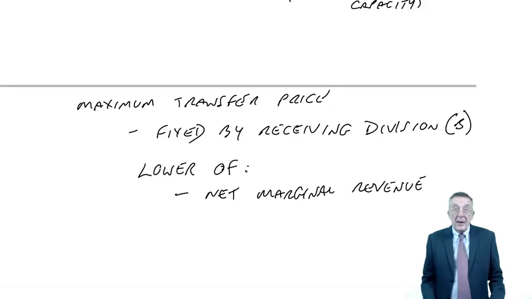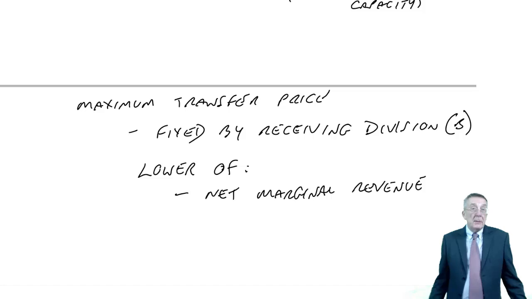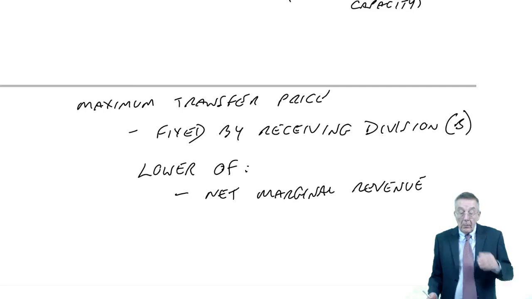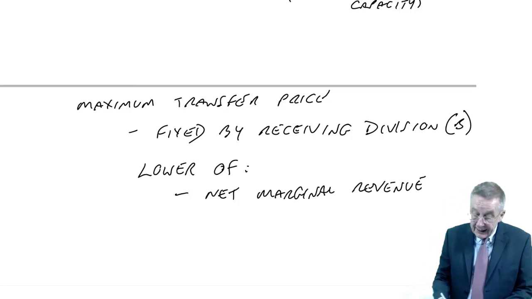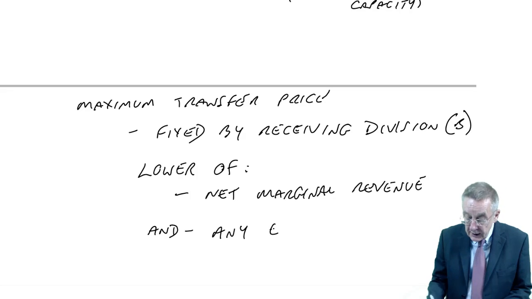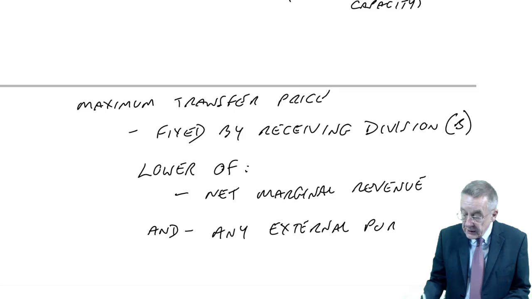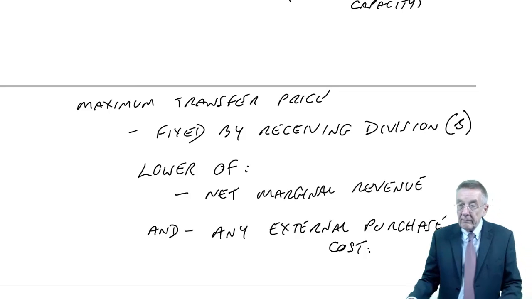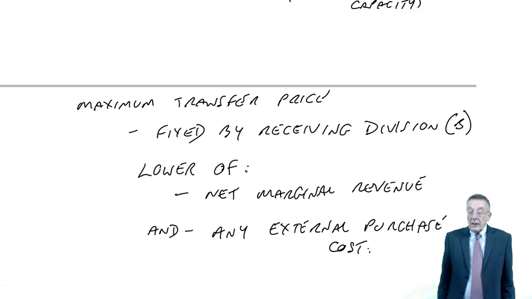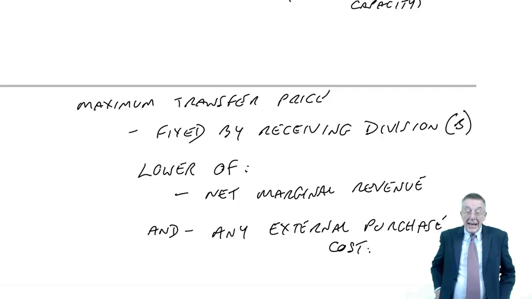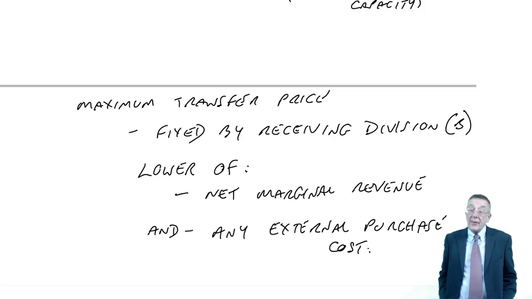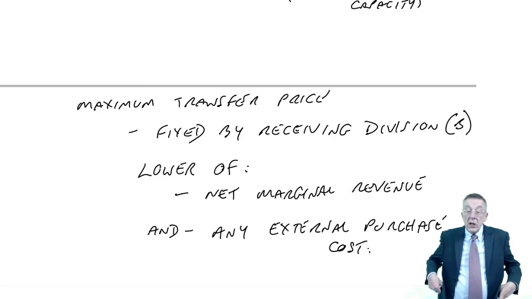Division B will never pay more than net marginal revenue to anybody, otherwise they're loss making. It's the lower of that and any external purchase price or purchase cost. Provided they can buy externally at less than the net marginal revenue, then that's the most they'll pay the other division. It's always the lower of the two.